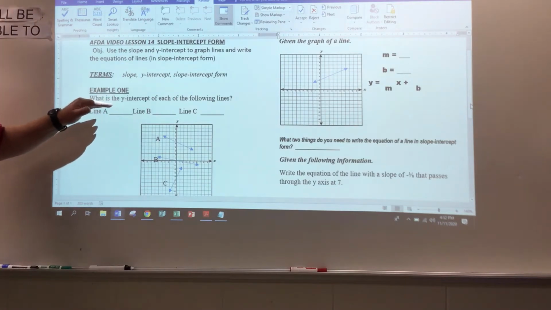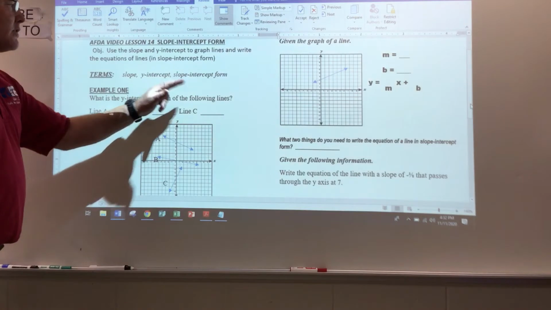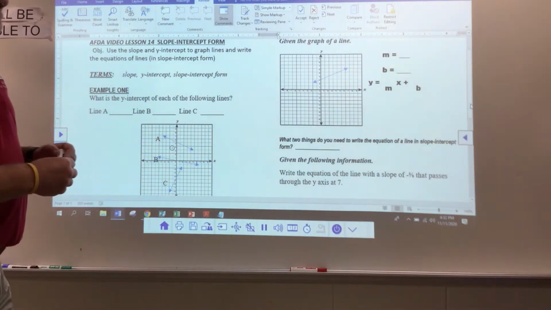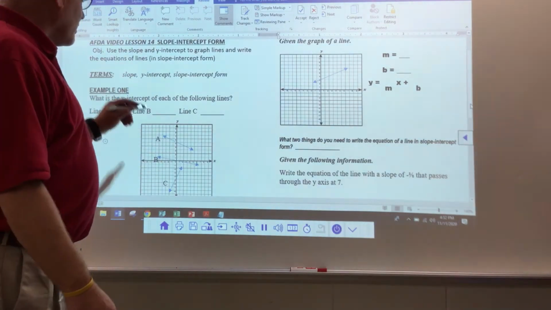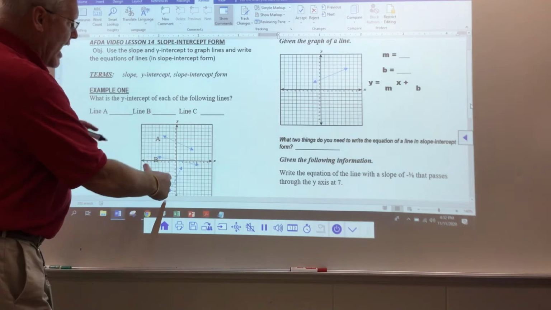Example 1: what is the y-intercept of each of the following lines? First thing we have to know is what the y-intercept is. Well, that's where a line crosses or intercepts the y-axis.